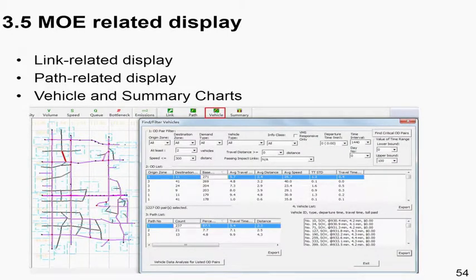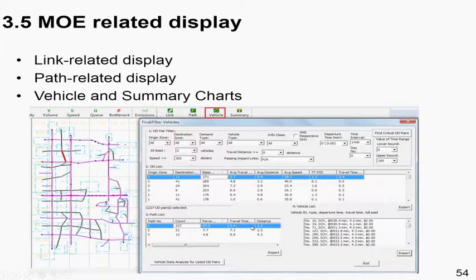On this vehicle summary dialog, we can show you a layered hierarchical structure of information from O, D, to different demand types, to different vehicle types, to different paths, and then to different vehicles along the way. For the user who is interested in understanding the user equilibrium, they can go to this path list to see how the different paths are selected, but you need to make sure the departure time is selected.